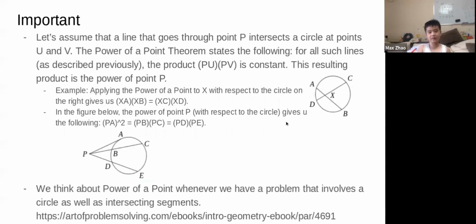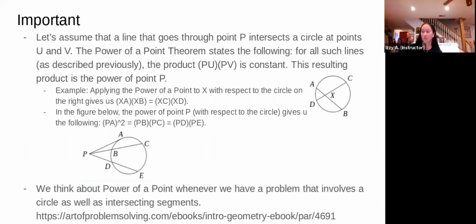Okay, so here's more important information. Let's assume that a line that goes through point P intersects a circle at points U and V. The power of a point theorem states the following.